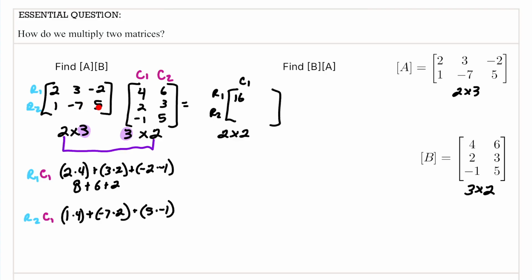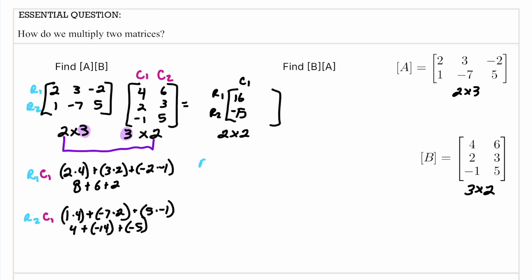So it's row by column. So that's going to be 4 plus -7 times 2 is -14. 5 times -1 is -5. So we end up with -10 minus 5 is -15.